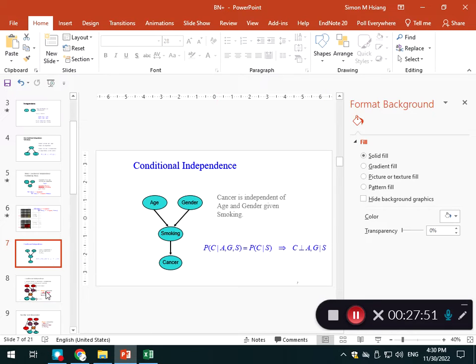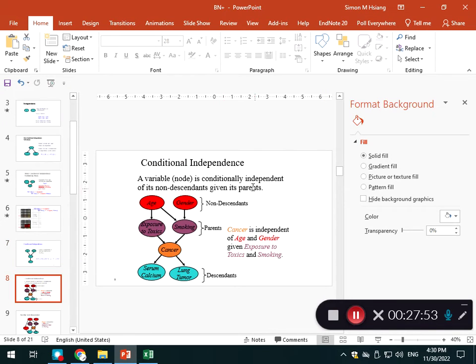Okay? Now we can turn the problem into conditional independence with all this. Some people, when they get older, are more likely to have exposure to toxins because of their work, or they are more likely to smoke. And gender influences this too.